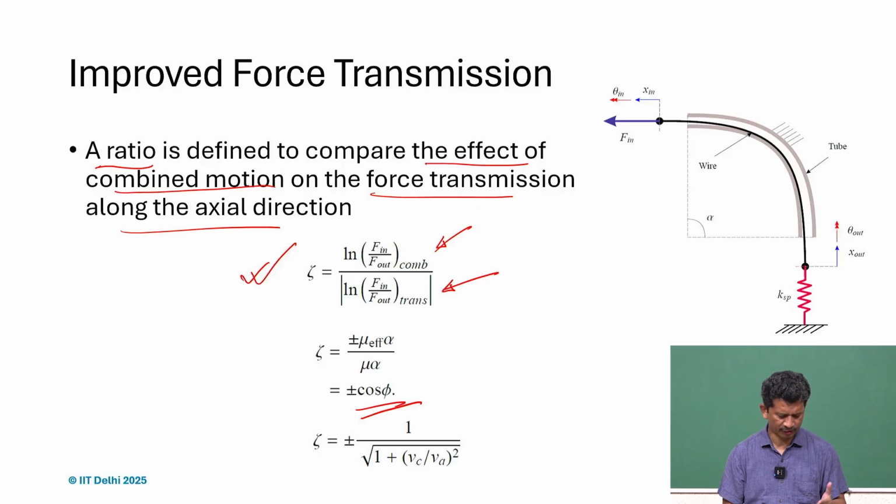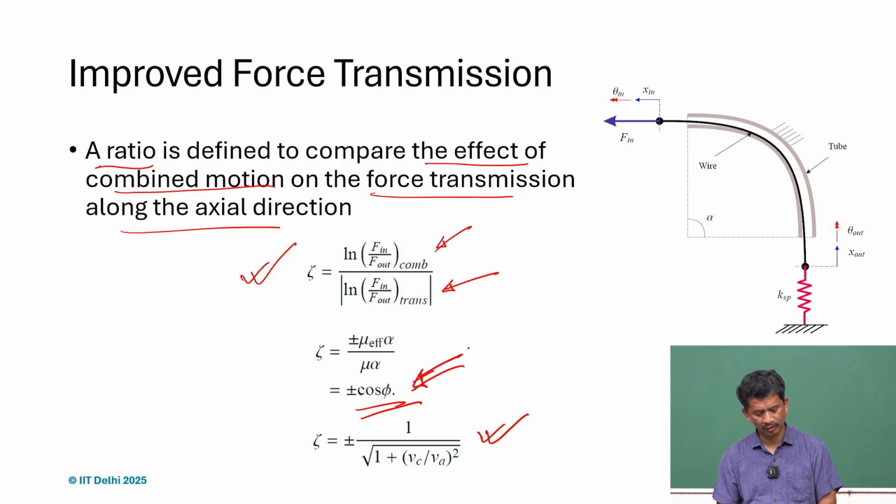Because tan phi is defined as Vc by Va, we can write cos phi similarly. We find a very simple formulation: this ratio turns out to be simply cos phi.